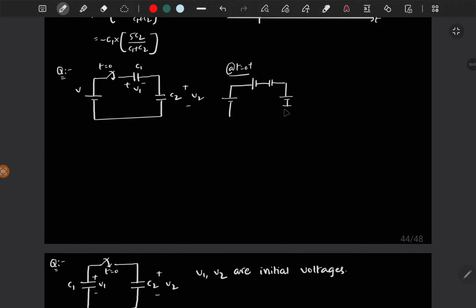So this is V2 and this is C2. This is for t is equal to 0 plus, and this is also the same as t tends to infinity, because both the capacitors will be open circuited, and you will replace that open circuit with the high impedance of capacitors. So the circuit looks the same for both.